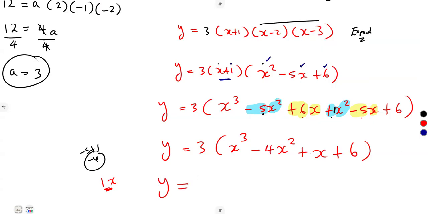From this expression, you expand throughout by 3. Each and every term in this bracket is multiplied by 3.